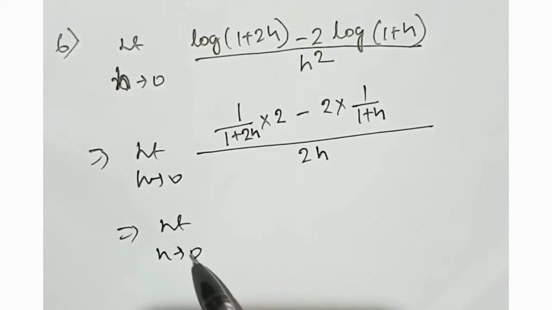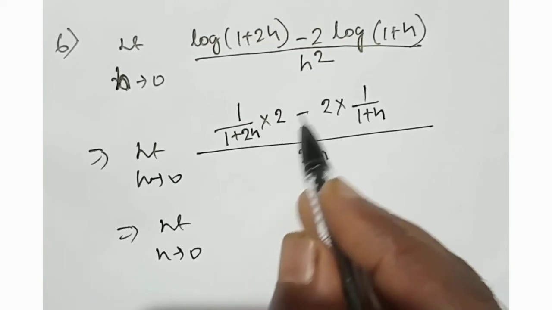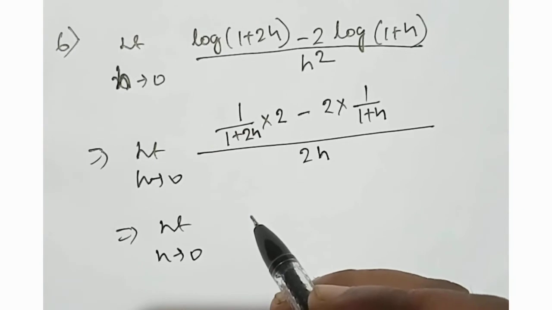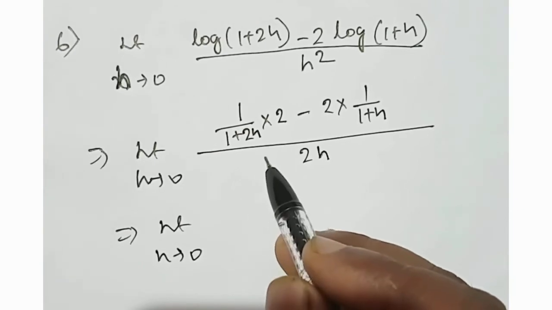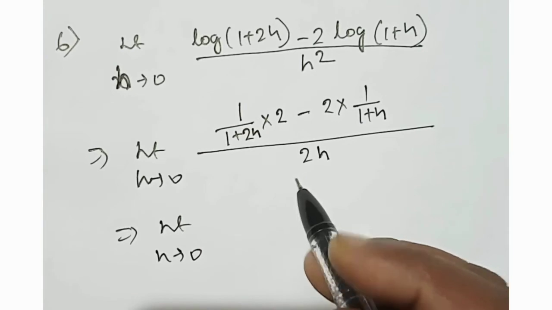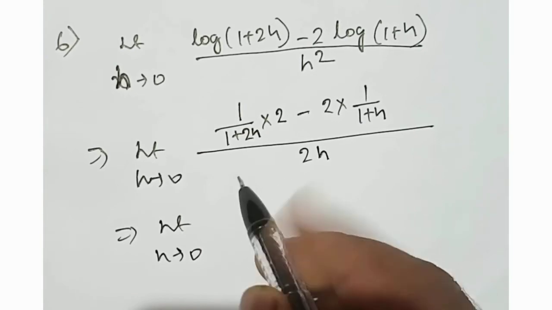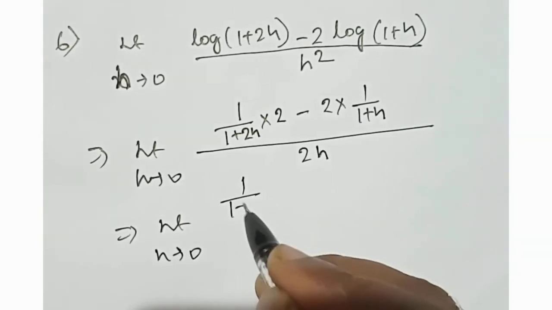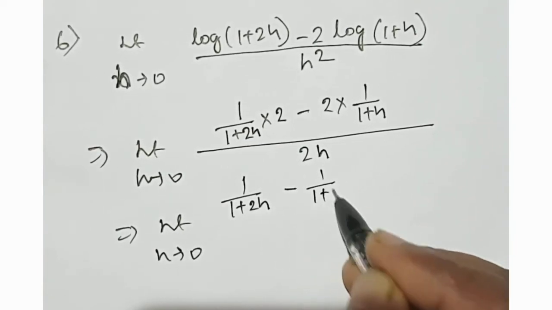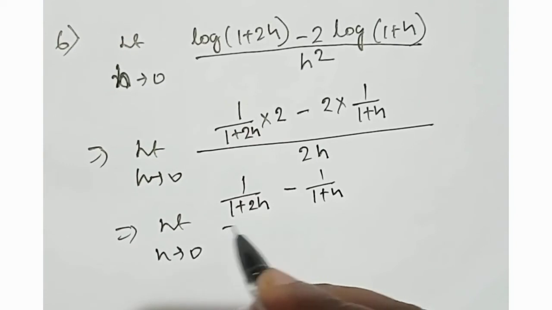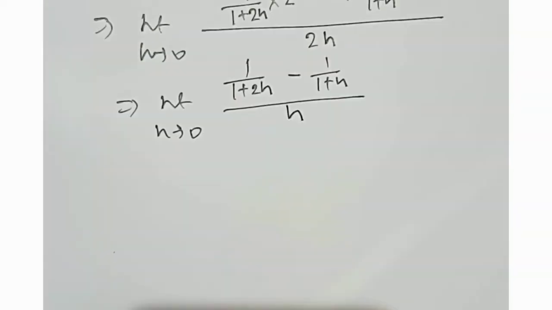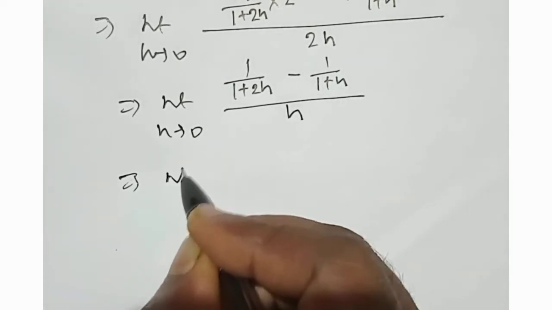So limit h tends to 0, this 2 will be outside. So guys, from numerator we will get 2, and denominator there is also 2, so they both will be cancelled. So here we will get (1 by 1 plus 2h minus 1 by 1 plus h) by h. Again we do derivative, guys.